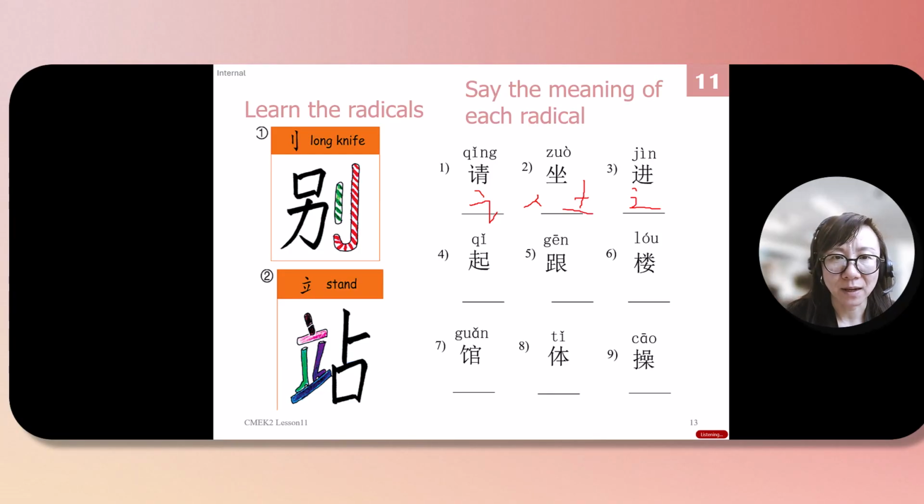The next one, number 4, 起, getting up. So it has to do with the walking bottom radical.